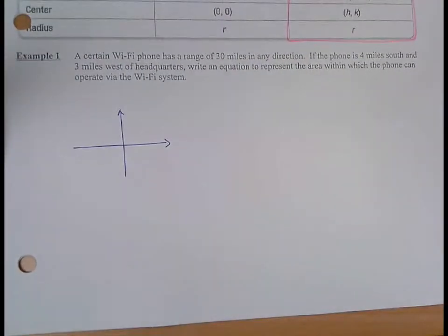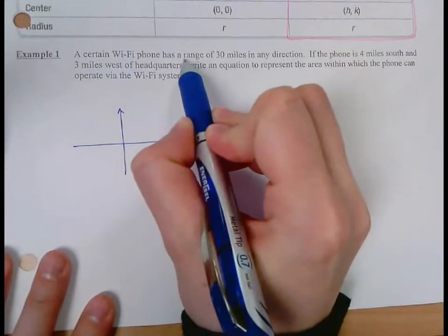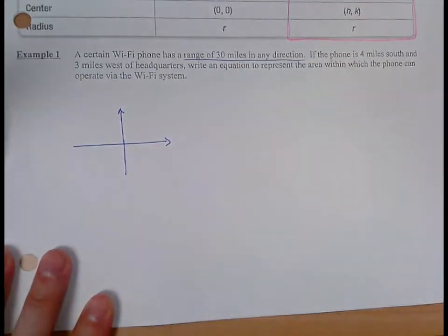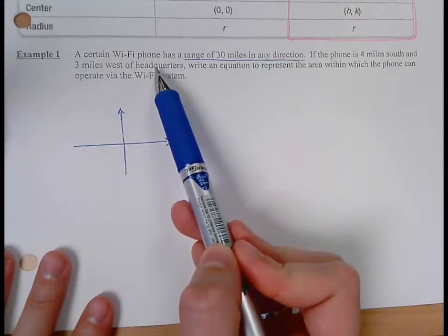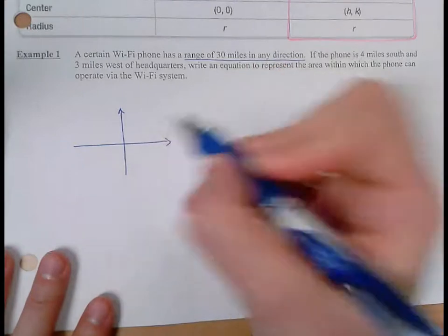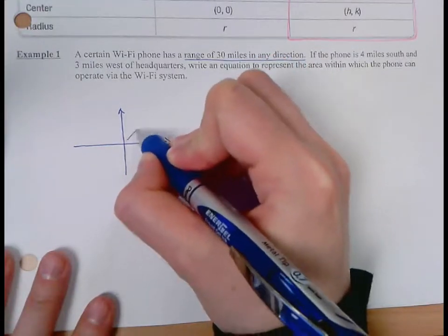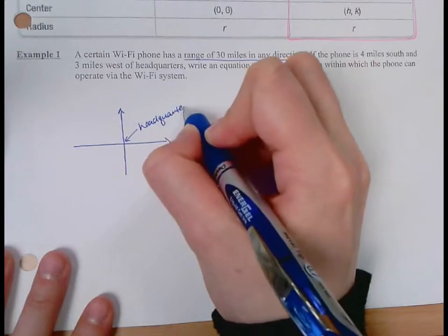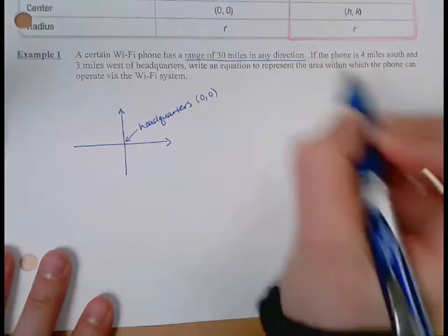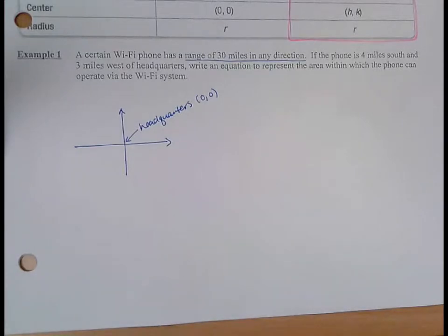Mainly, the coordinate that I need to know is the center. I need to know where that center is. So again, it says a certain Wi-Fi phone has a range of 30 miles in any direction. If the phone is 4 miles south and 3 miles west of headquarters, I'm going to assume that headquarters is at the origin, because then I can go along my graph.